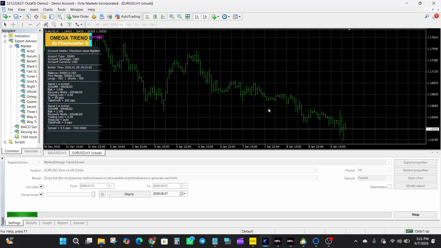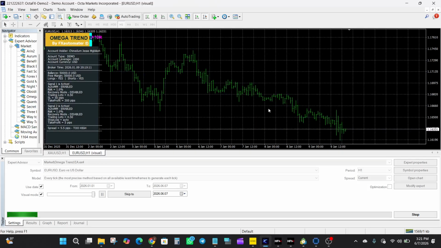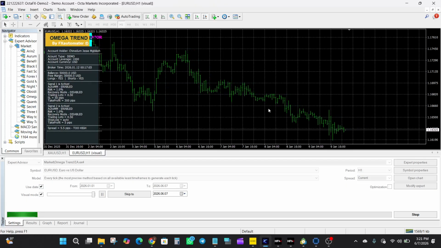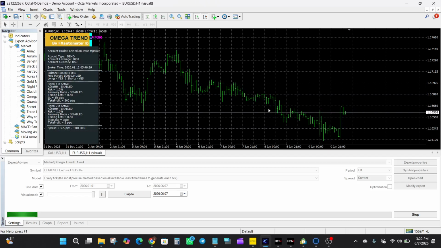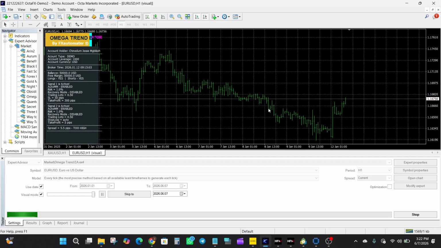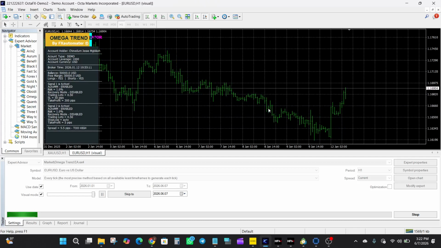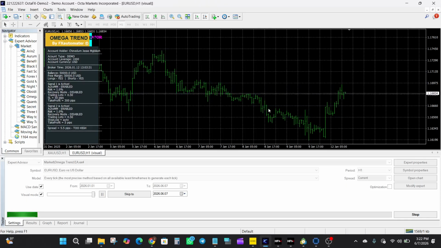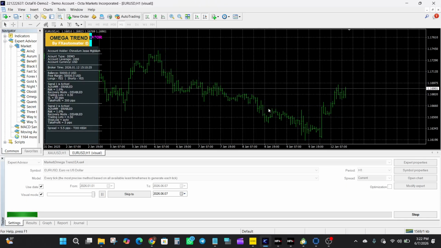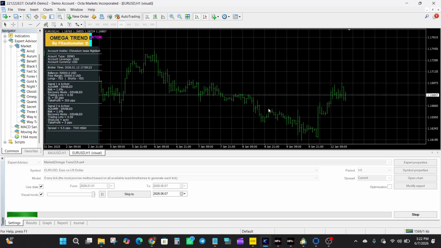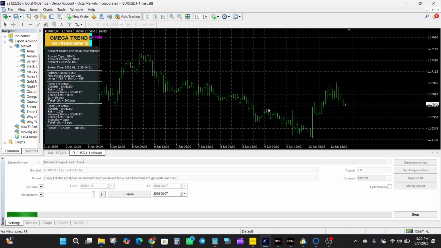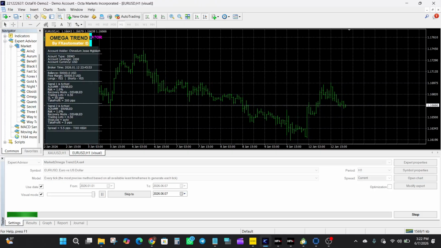Overall, the Omega Trend EA presents itself as a trend focused MT4 trading system that combines automated trend detection, dynamic trade management, money management tools, and scheduling controls. If you are interested in this type of approach, I would still recommend running your own extended historical testing and optimization before considering any live deployment, so you can evaluate how the EA performs under different market conditions.